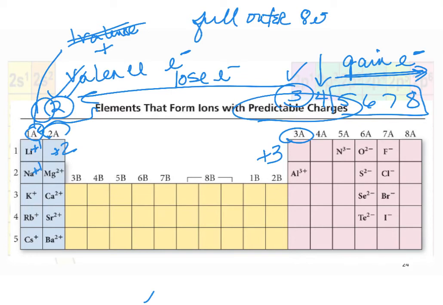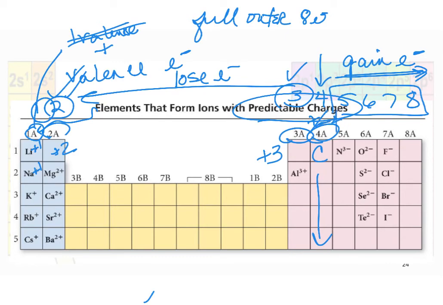All right, so group 4A, that's carbon on down, have 4 valence electrons. So they could either lose those 4 to have a full undershell, or they could gain 4 more to complete that top shell with 8 valence electrons. But because it's quite a bit of work, they don't tend to become ions. But if they do, they can go either way. So they can end up with a plus or minus 4.